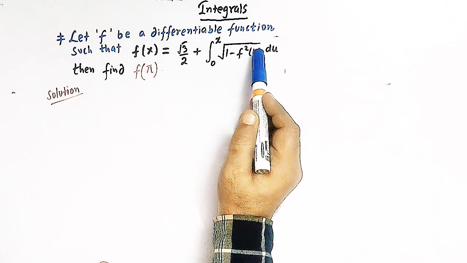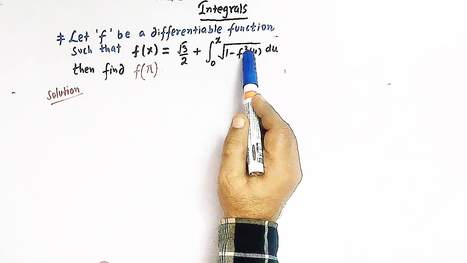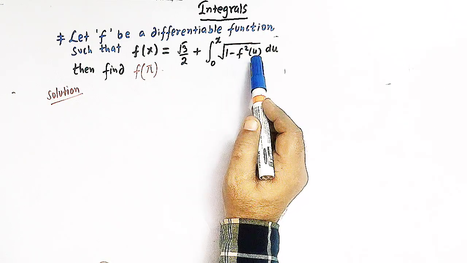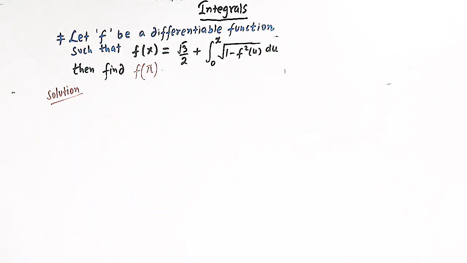Here we have the square of the function f of u, and we have to find f of pi.